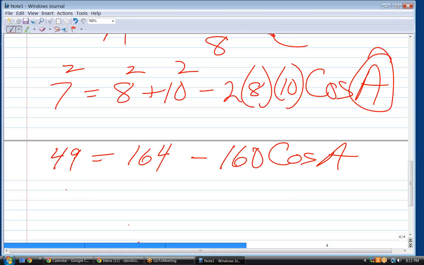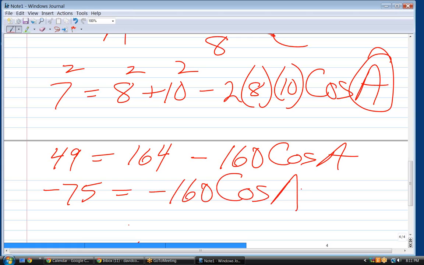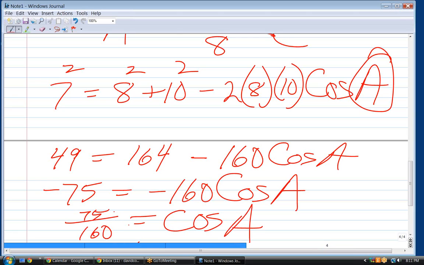You get negative 75 equals minus 160 cosine of A. Divide both sides by minus 160. You get cosine of A equals 75 over 160.